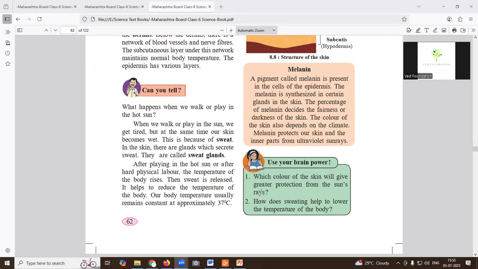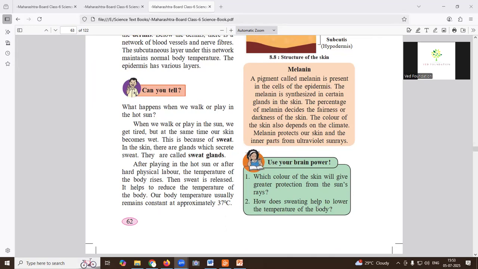Okay, so dark skin gives more protection from the UV rays. नेक्स्ट, इसलिए जहाँ हॉट क्लाइमेट है जैसे कि अफ्रीका, वहां डार्क कलर होता है स्किन का. That is natural adaptation.